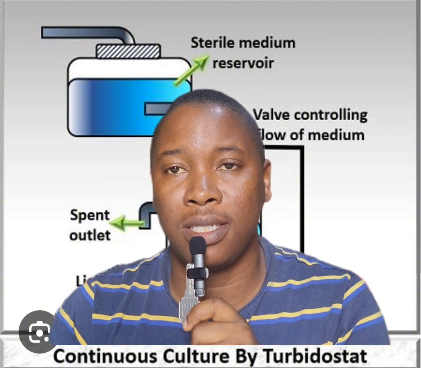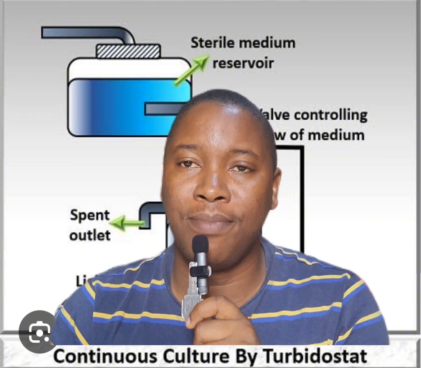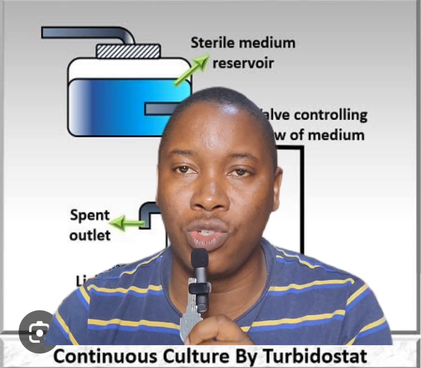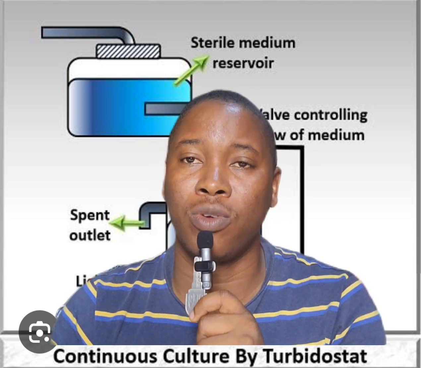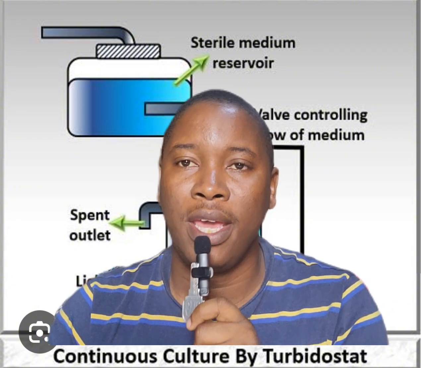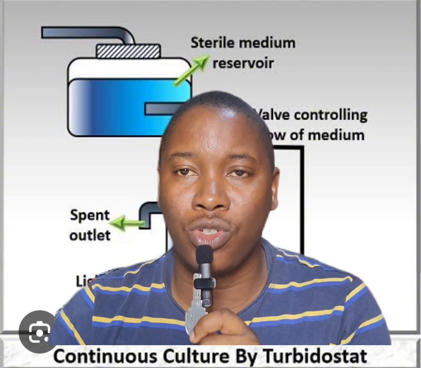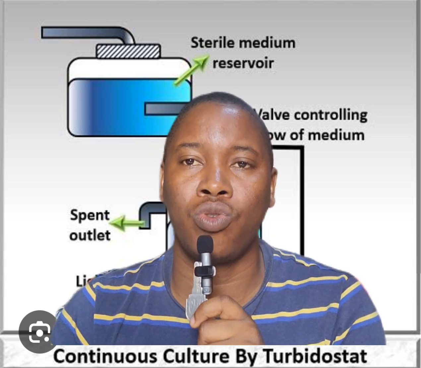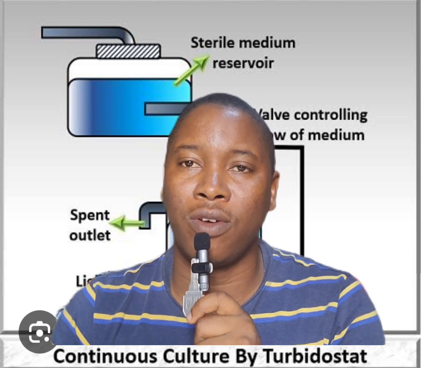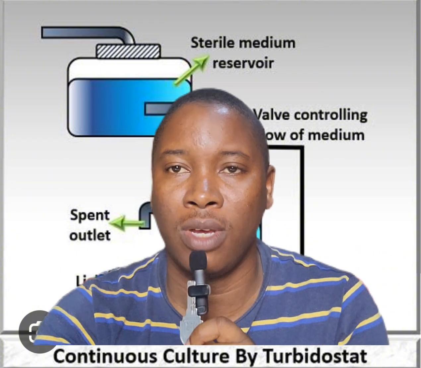Now in a chemostat, it's important to realize that as the medium is being added, the nutrients that the organisms need to grow very rapidly are also being added along with the medium. And so the organisms continue to grow in this medium. Now, in order to control this growth so that the growth doesn't get too wild, there's a control of the concentration of what we call a limiting factor.